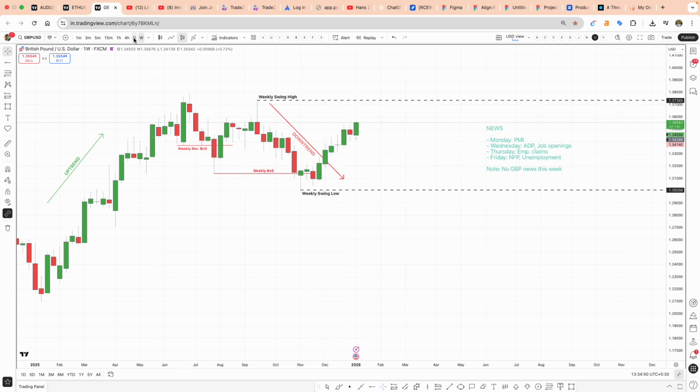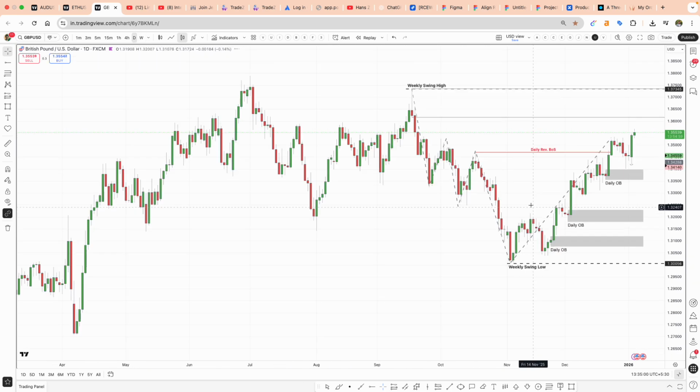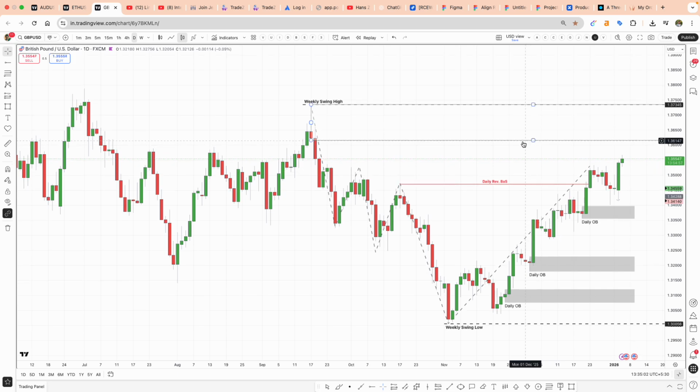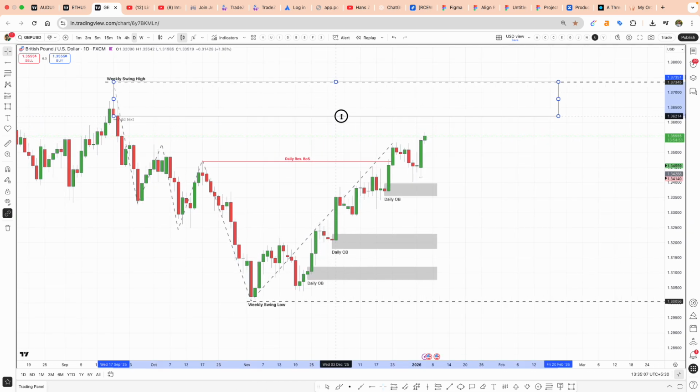Okay, let's quickly jump into the daily time frame with the understanding from the weekly that we are actually in the downtrend with a lot of retracement already happened. So if you quickly look at the daily, this is the zone that we established from the daily time frame.